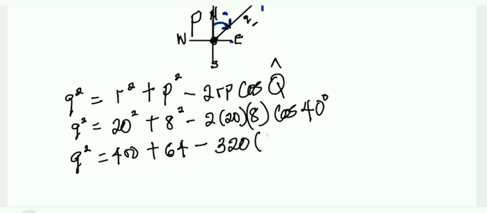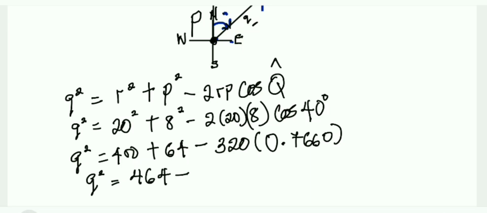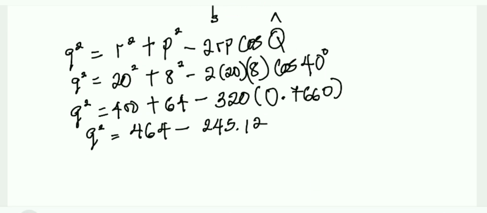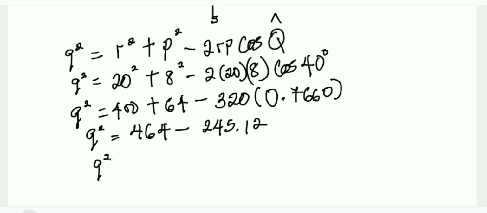Cos 40 is 0.7660. So q square, this will be 464 minus 320 times 0.7660, and that's 245.12.